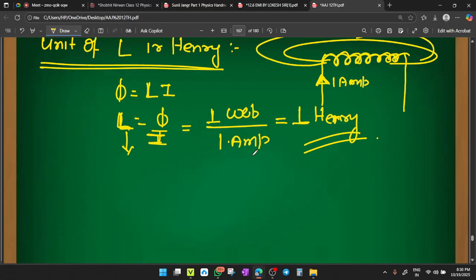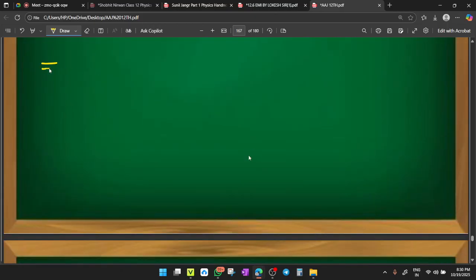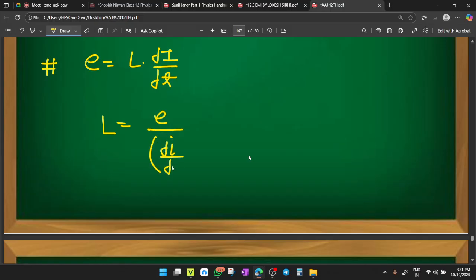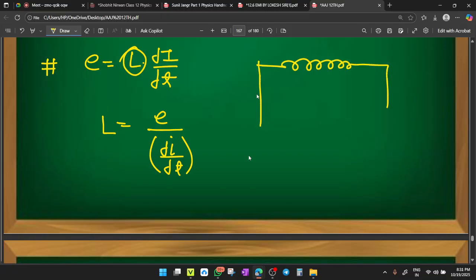Next, one more definition by the second EMF formula. E equals L di by dt. Check: L equals E upon di by dt. Now this is a coil, and this is a changing current I with respect to t, meaning I depends on time.